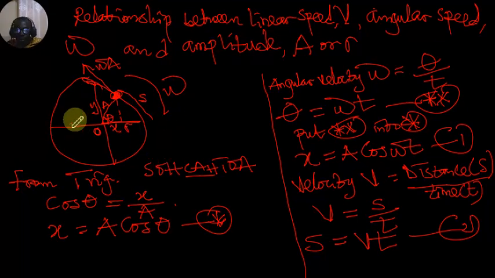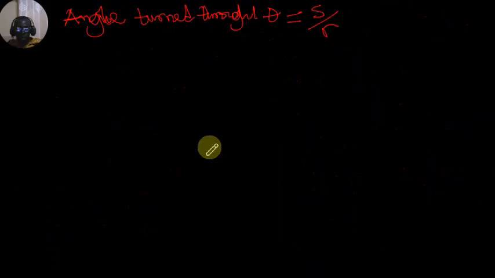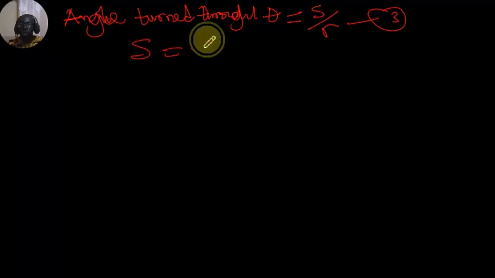So we can also say angle turned through by the body is the distance over the radius of the circular path. So here now we can have this, call that equation 3. So from there you can make your distance the subject of formula: distance is now theta times R.